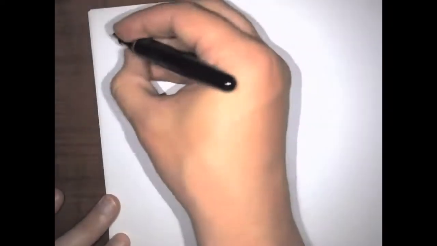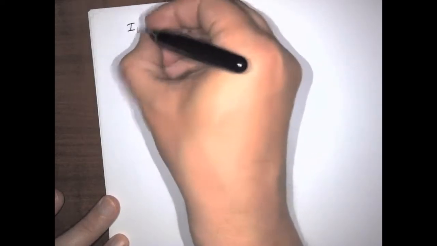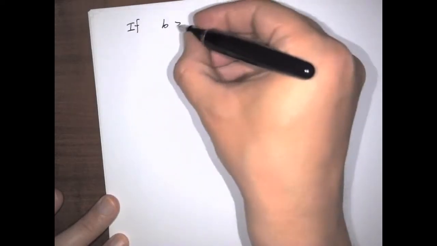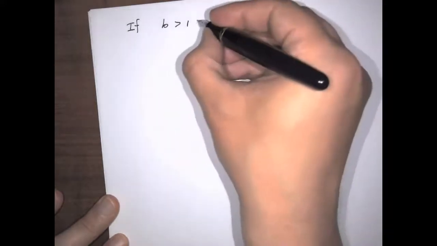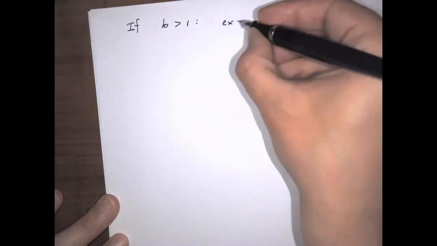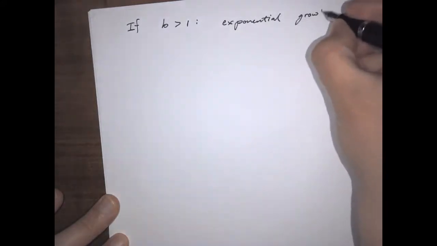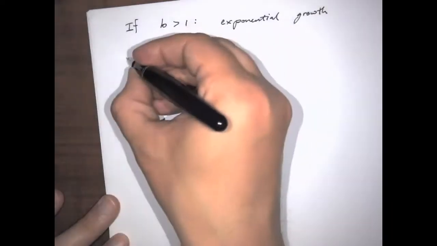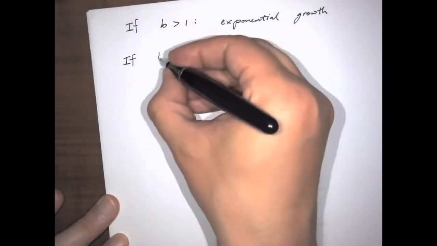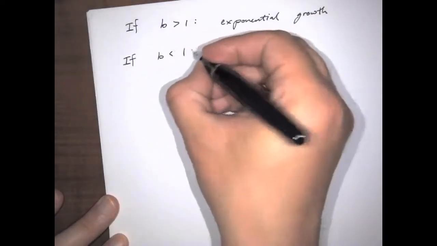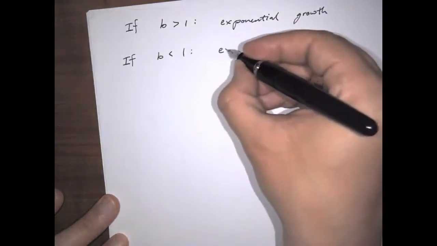So what that means is that if b is greater than 1, we are in an exponential growth scenario. If b is less than 1, then we're in exponential decay.